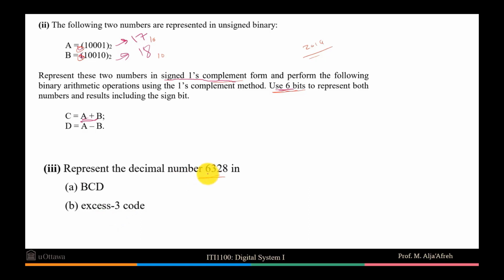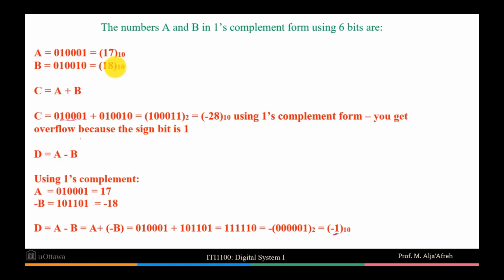I'm going to go ahead and reveal the solution. In order to represent the following numbers using a 6-bit representation, we're going to add a 0 here and a 0 here. This can be verified as 17 in decimal and 18 in decimal.